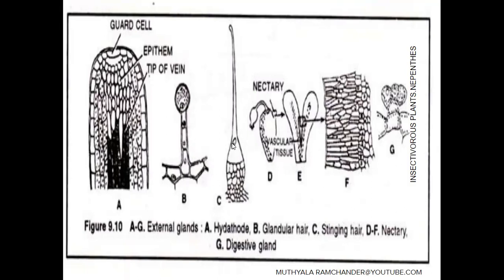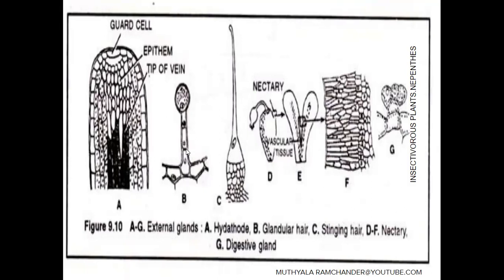Stinging hairs contain a gland body, a swollen glandular body at the lower part, and above the glandular body a hair-like structure is present. The hair-like structure contains a terminal part. The body of the stinging hair is also filled with toxic chemicals.